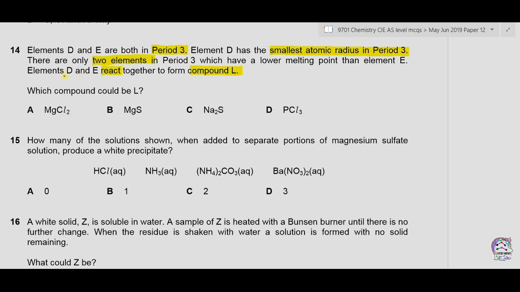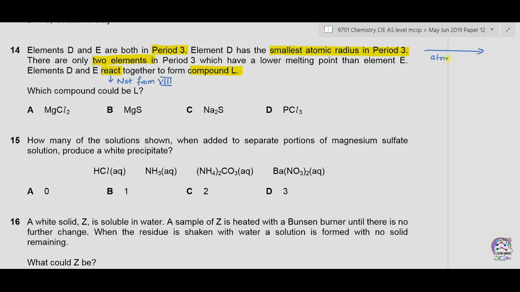In the question, they have given that elements D and E react together to form compound L. It means that they are reactive substances, so therefore it is not from group 8 in the periodic table, because group 8 consists of noble gases that are unreactive. The second point is that element D has the smallest atomic radius in period 3. So we know that in the periodic table the atomic radius decreases along the period.